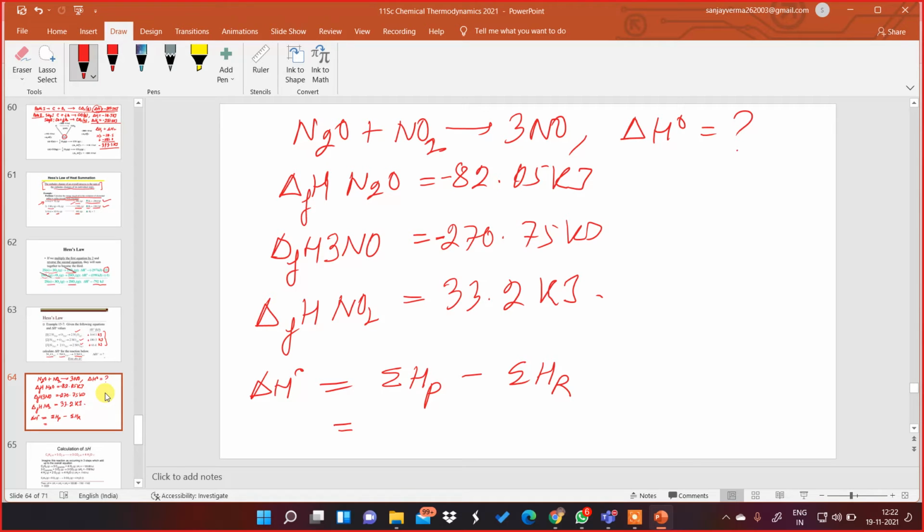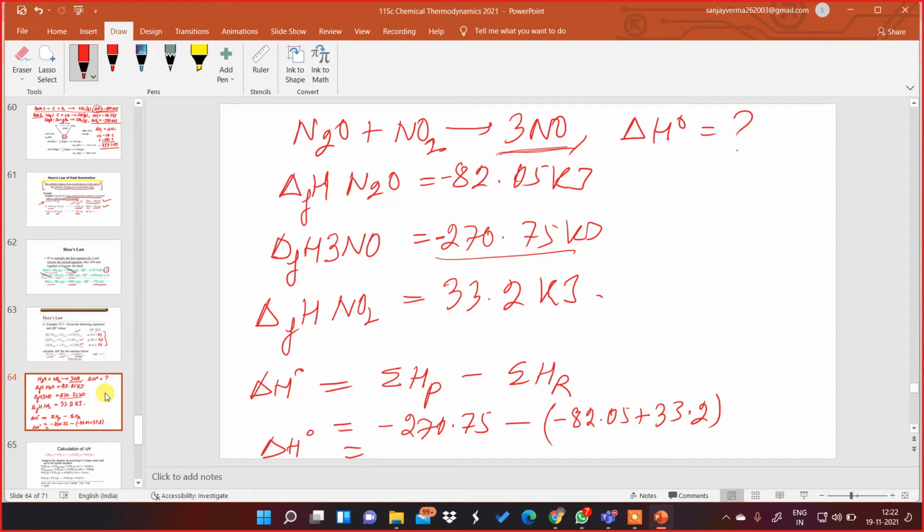Now for the product, over here the product is thrice NO. So 3 times NO is 270.75, minus, open the bracket, reactants are nitrous oxide and nitrogen dioxide. So it will be minus 82.05 plus 33.2. Simplify this, you will get delta H naught for this reaction.